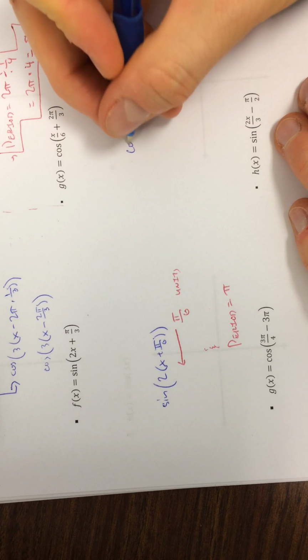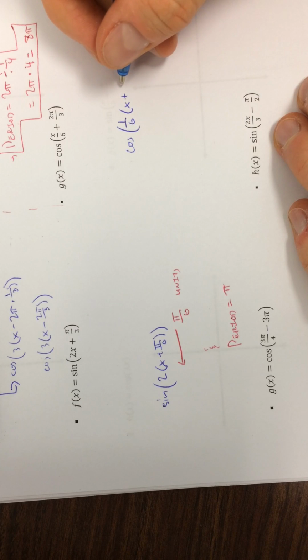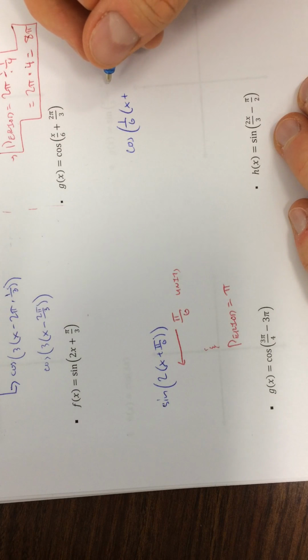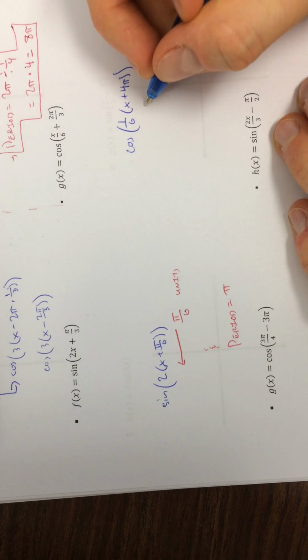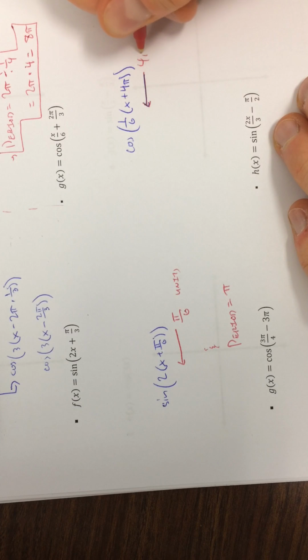Here, this is cosine. Factor that out. Which means we would go to the left 4 pi units.